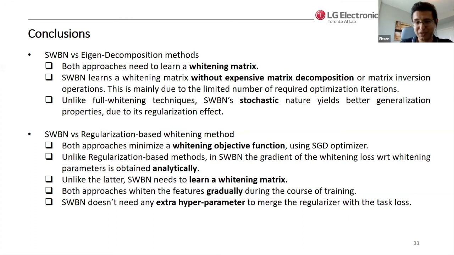So this is maybe one of the problems that we may have, because we need more parameters, so it will increase the model size. Both approaches whiten the features gradually during the course of training, and SWBN doesn't need any extra hyperparameter to merge the regularizer with the task loss.